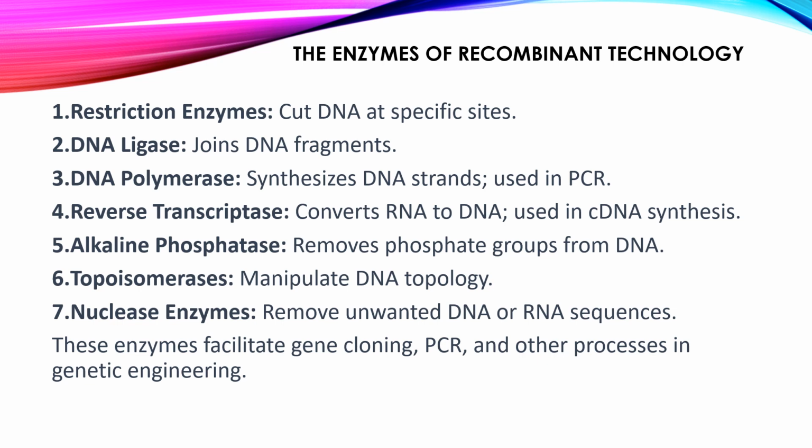Nuclease enzymes. These enzymes are used to remove unwanted DNA or RNA sequences. Thus, all these enzymes work together in gene cloning, PCR techniques, and other processes in genetic engineering.